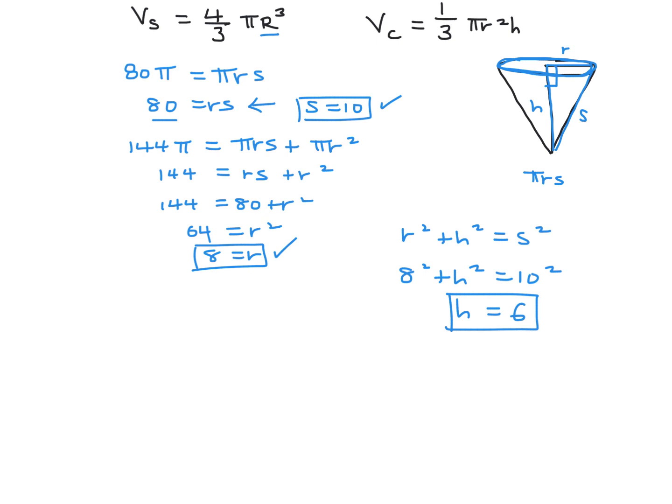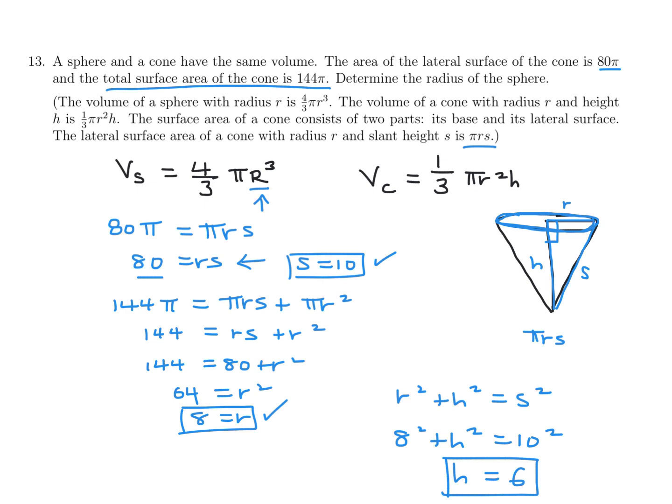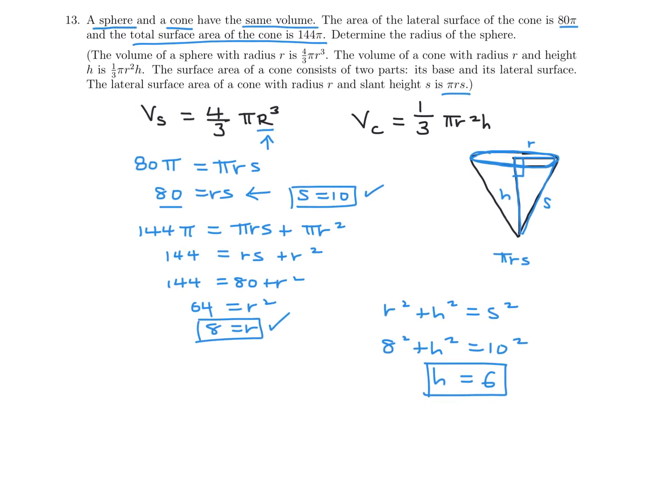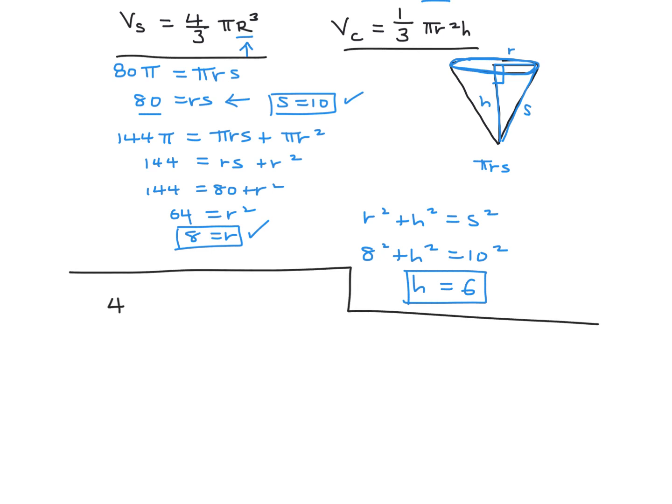But I still haven't figured out this big R, because I think that's the next part. Oh yeah, a sphere and a cone have the same volume. That's how we're going to figure out R. So 4/3 pi big R cubed is equal to 1/3 pi small r squared times h.